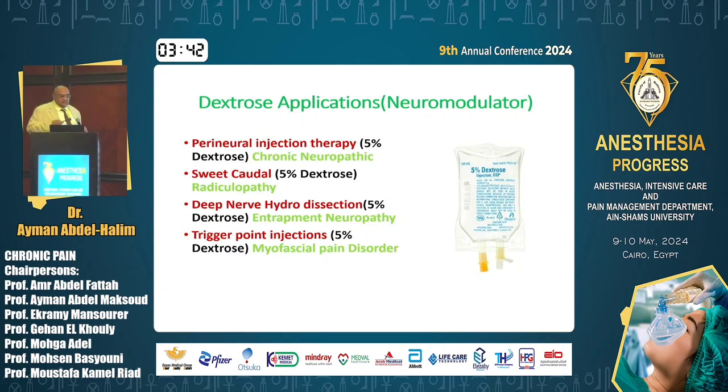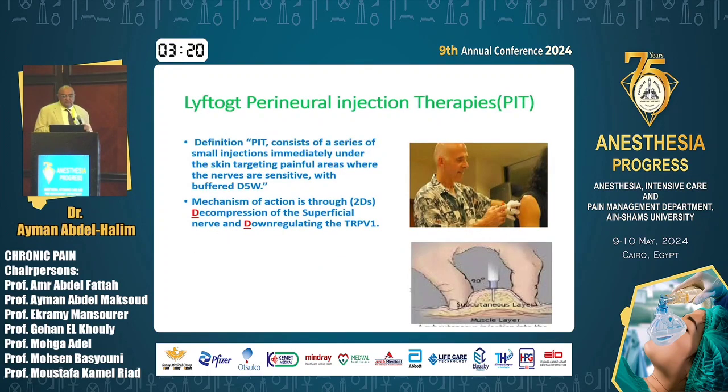And this is the upgrade of the work of George Hackett. You can do this with what we call perineural injection therapy. You can do a caudal epidural with 5% dextrose. You can do deep nerve hydrodissection. You can even do trigger point injections with dextrose.